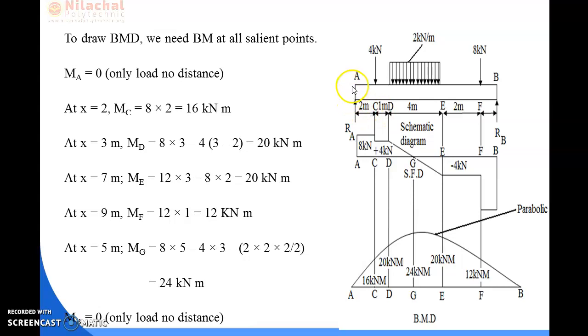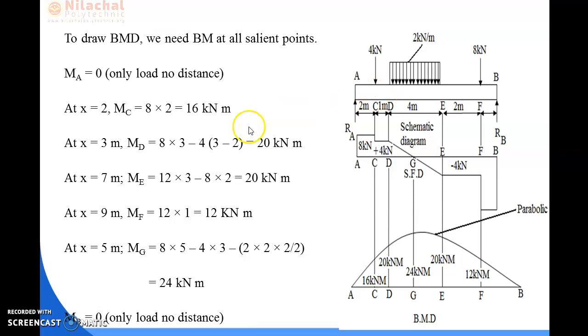And it gives a sagging moment, so we take it as a positive moment. After that, for the point load, it is 4 kilonewton and the distance between C and D is 1 meter. So the load into distance will be 4 into 1.